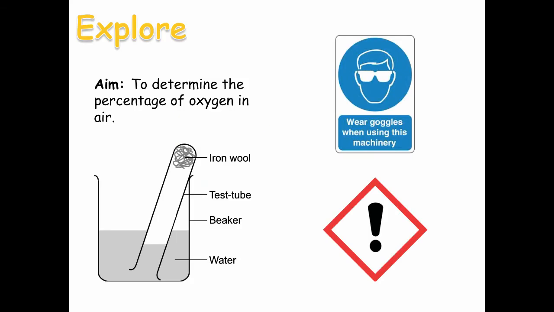Now I'm going to introduce you to a lab that you're going to do in my lesson. It's to determine the percentage of oxygen in air using iron wool. You will soak iron wool in vinegar to activate it. Vinegar is an irritant, and therefore you will be required to wear goggles. You will then place the iron wool in a boiling tube, which you will turn upside down and place into a beaker of water.